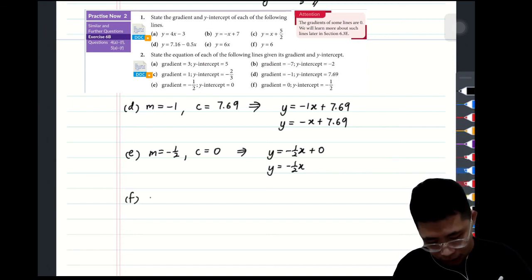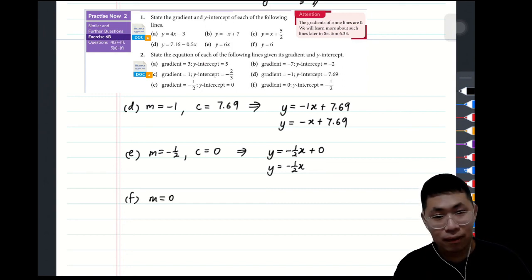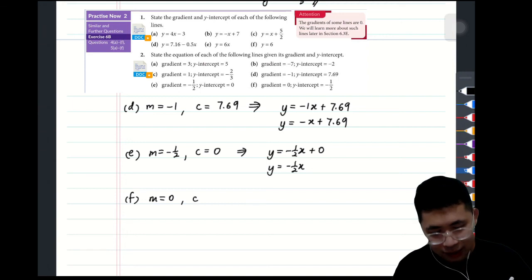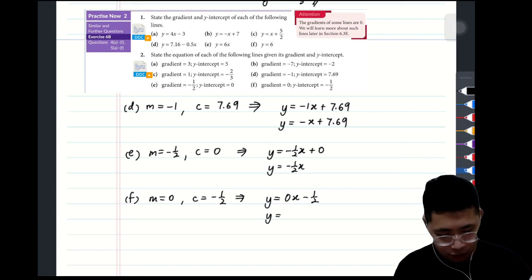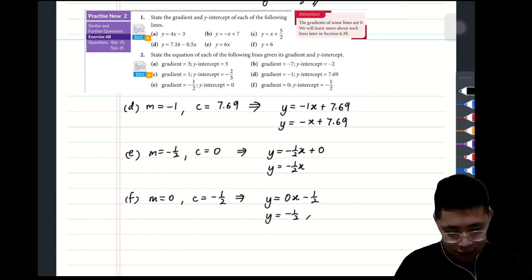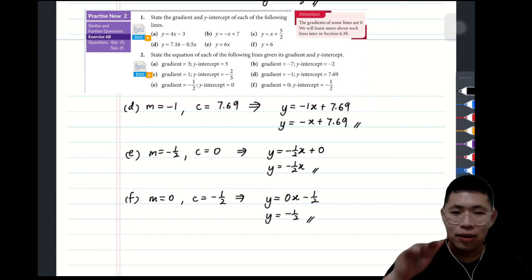The gradient is 0. The y-intercept c is negative half. So this gives me y equals mx plus c. 0x is just 0, and now y equals negative half. Okay, so far so good.